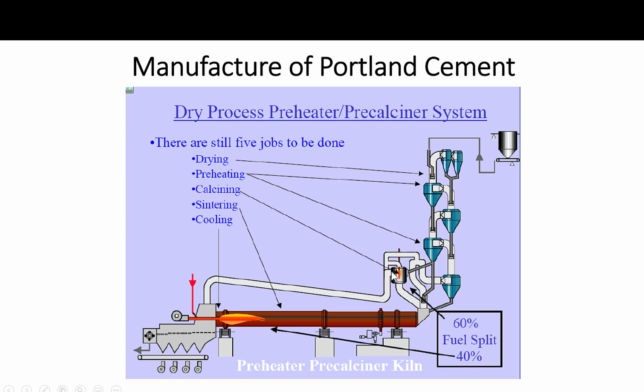Calcining again takes place here, and then this is the sintering and clinkering process right here, and of course cooling. You see how the energy demand is split. About 60% of the fuel is used for this process, and 40% here. And again, this preheater, pre-calciner kiln was evidently invented to save energy, as I said.